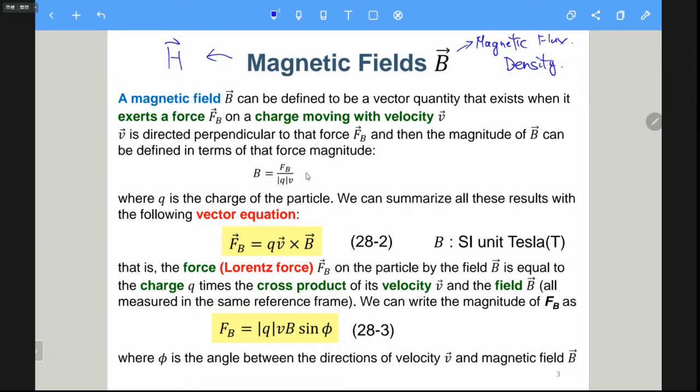When we are only talking about the magnitude, it is still fine, which means that if we assume the magnetic field with a magnitude B, then the force divided by the charge divided by the velocity will be this magnetic field.